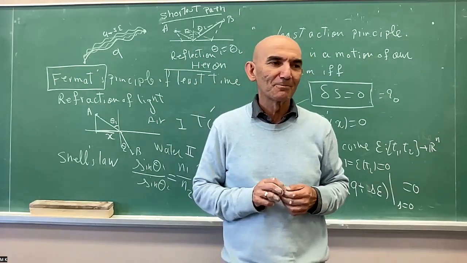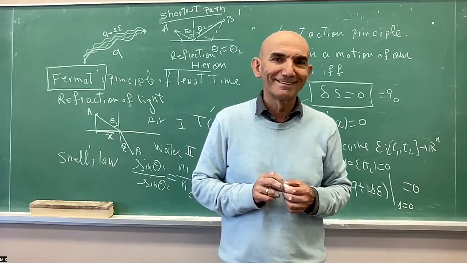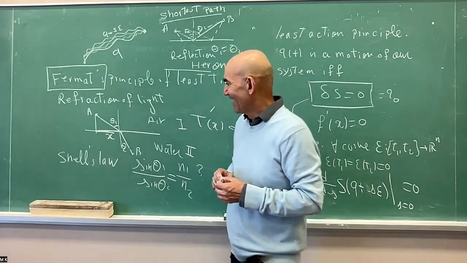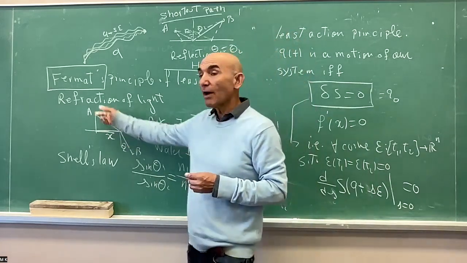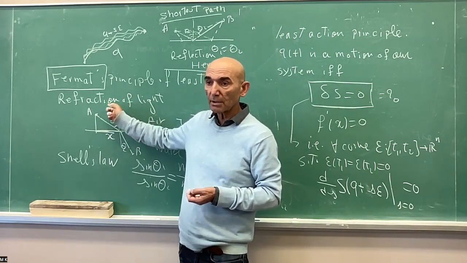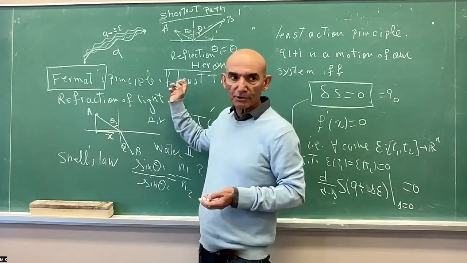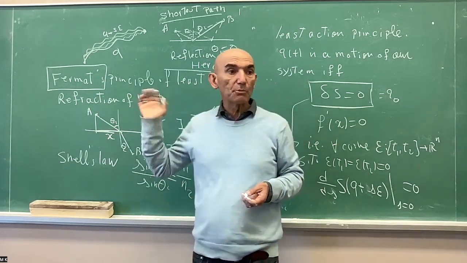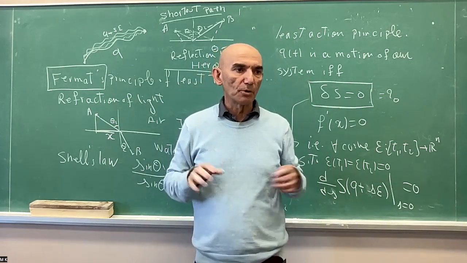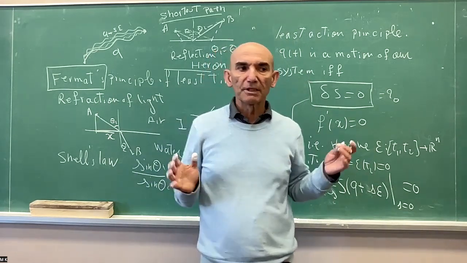First of all, he makes fun of Descartes. He didn't like Descartes. But then he derives it from the right principle. So Fermat invented differential calculus, and this condition of extremum, maximum or minimum: the derivative of the function should be equal to 0. That is definitely due to Fermat.